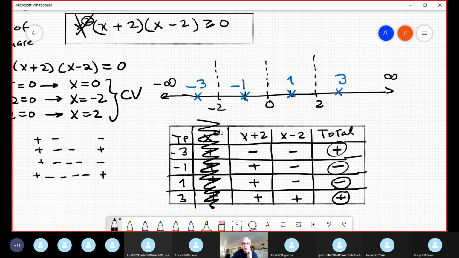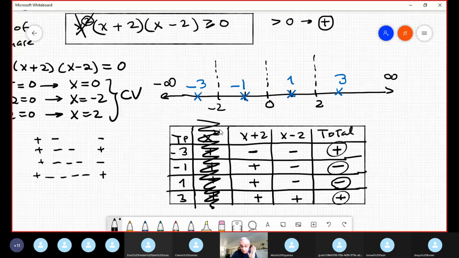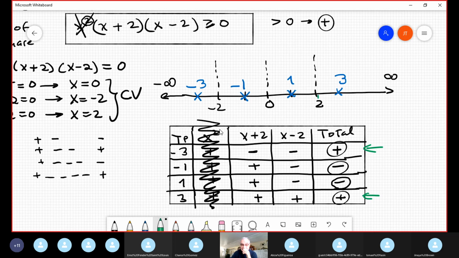Okay, so I go back to the original. Original is greater than, and to be greater, I don't care for a moment about the equal sign. This is synonymous with saying positive, because the only cases true are this and this. The rest is false. Now, there's a 3 that passes.